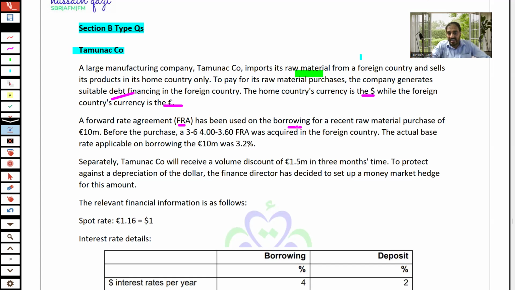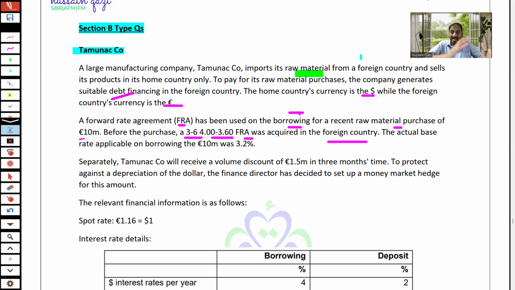Once again, a forward rate agreement has been used on borrowings for a recent raw material purchase of 10 million euro. Before the purchase, a 3-6, 4-3.6 FRA was acquired in the foreign country. 3-6 FRA means borrowing after 3 months, for a duration of 3 months.